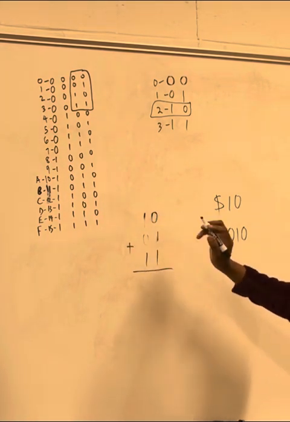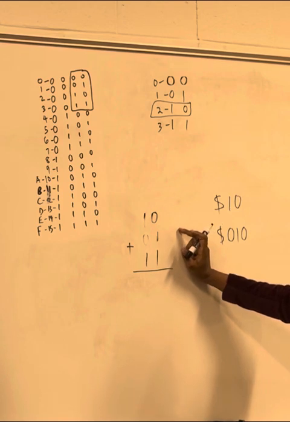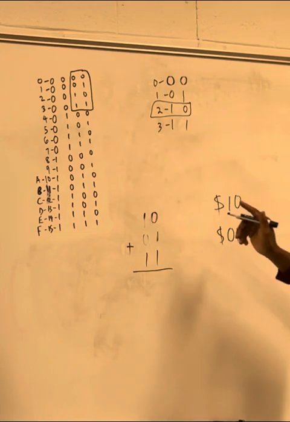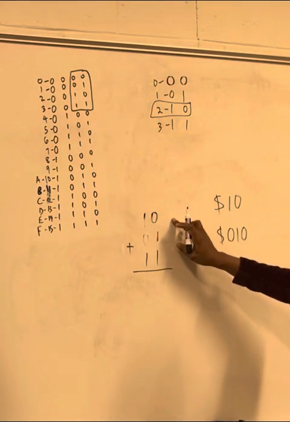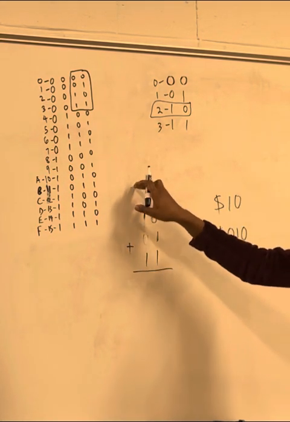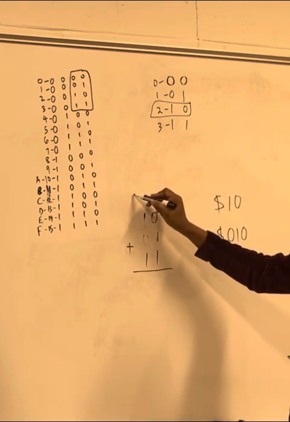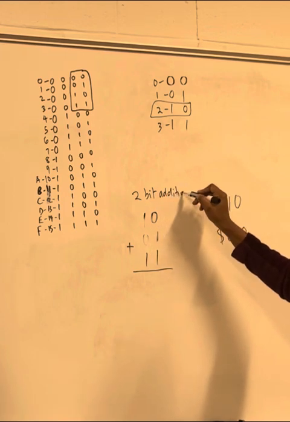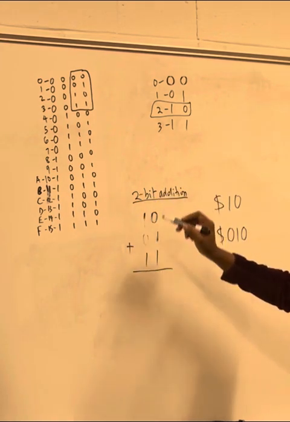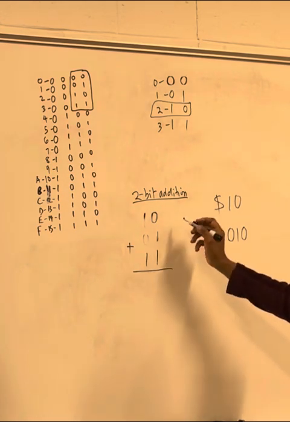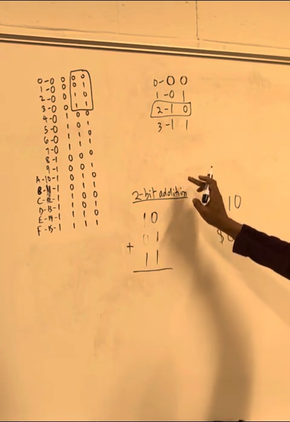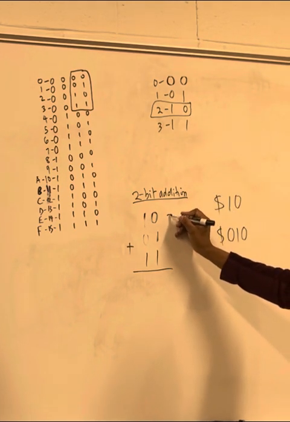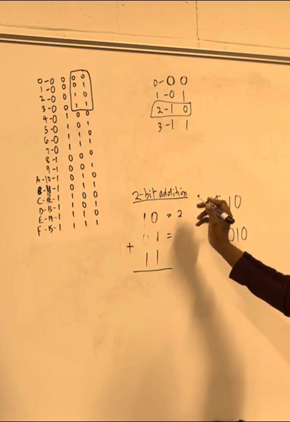So this is going to be a little bit tricky, because it has to be specified that this is just 2-bit addition. So when we have 1, 0, which is 2, 0, 1, which is 1, and 1, 1, which is 3.